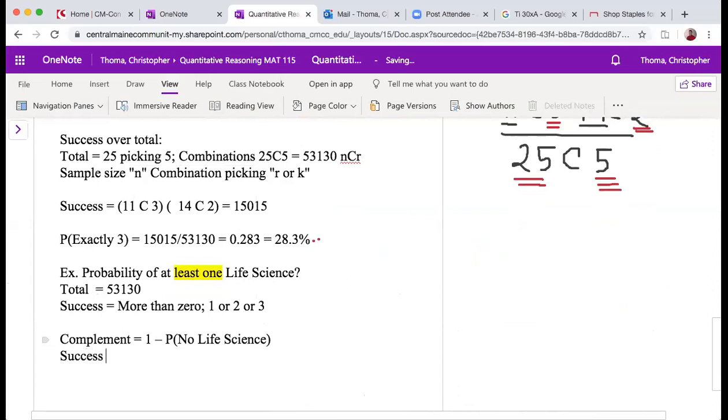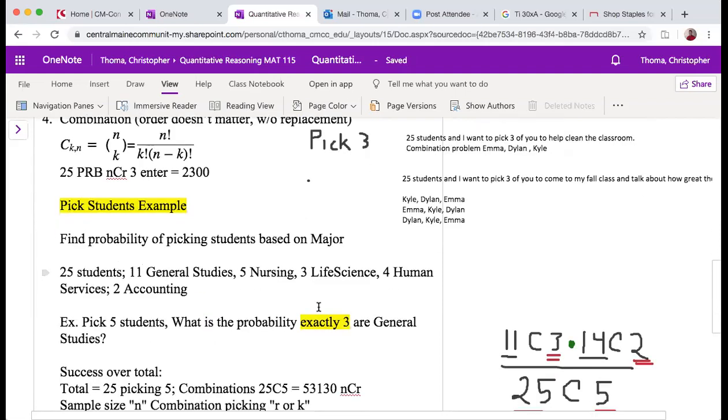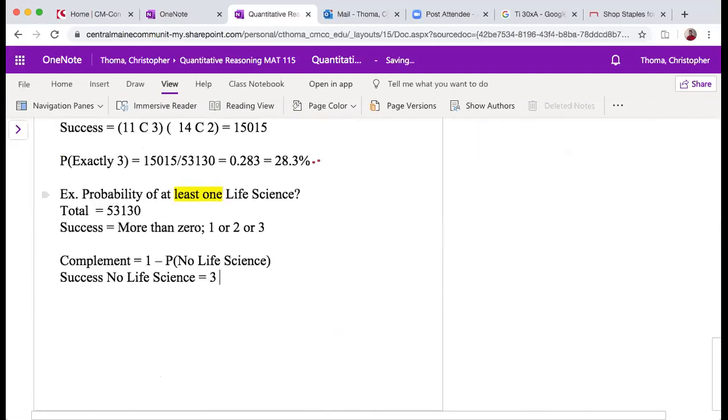Success is no life science. So going back to what we were doing before, I have 3 life sciences and I am picking 0. So this equals 3C0. But I still have to pick 5 people, right? So that means 22 people are not life sciences, and out of those 22, I need to pick 5.